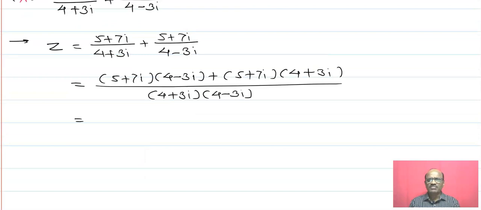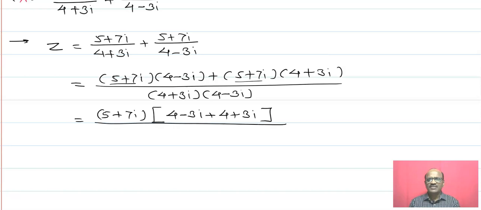Take the common 5 plus 7i. Then in the bracket you will get 4 minus 3i plus 4 plus 3i. Minus 3i and plus 3i get cancelled. 4 plus 4 is 8.